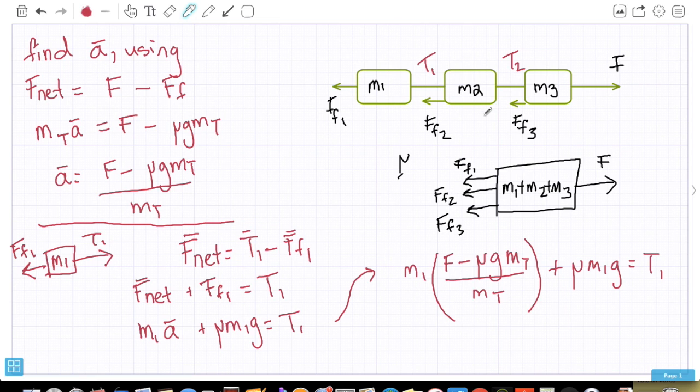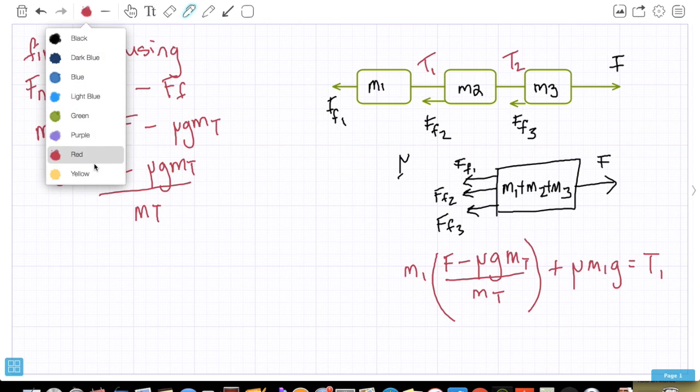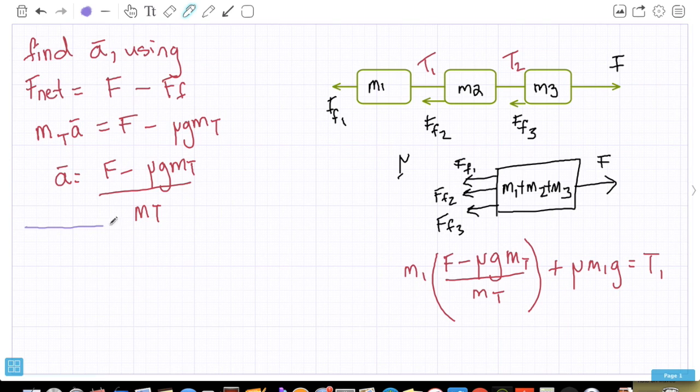So to solve for tension 2, you would do something similar, except the free body diagram would be a little bit more complicated. So let's erase this here. And then we'll bring back this. And I also want to keep this as well. So we'll work in here. So for T2, our FNet statement looks like this.